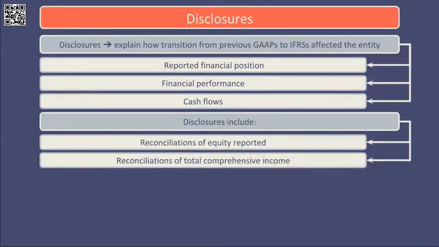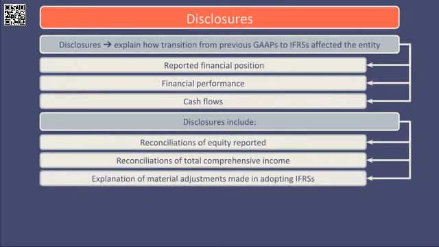2. Reconciliations of total comprehensive income for the last annual period reported under previous GAAP to total comprehensive income under IFRS for the same period. For ABC, that would be the 20x6 financial statements. 3. An explanation of material adjustments that were made in adopting IFRSs for the first time to the statement of financial position, statement of comprehensive income, and statement of cash flows.